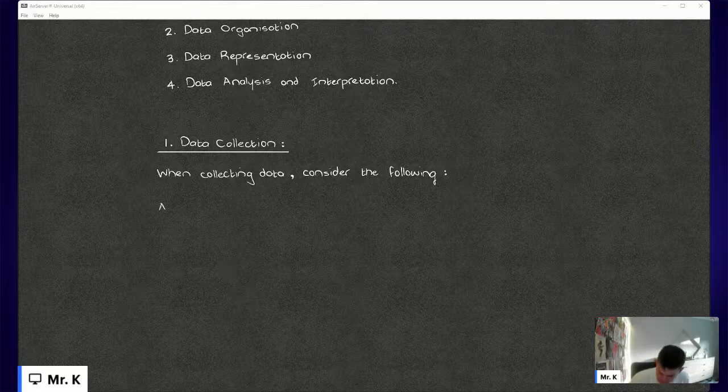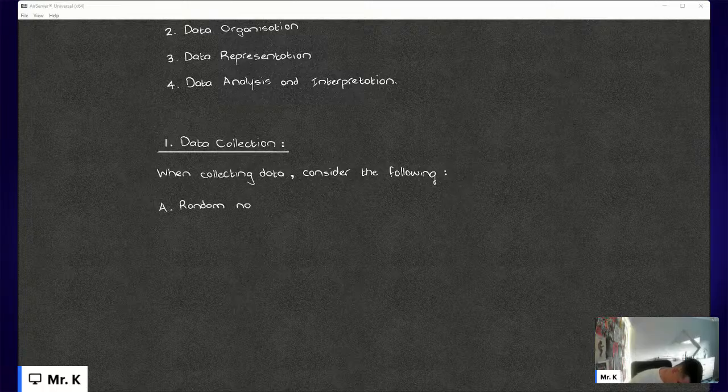The first thing that we need to consider, A, is the random nature of samples. The random nature of samples, right? What do I mean by this?